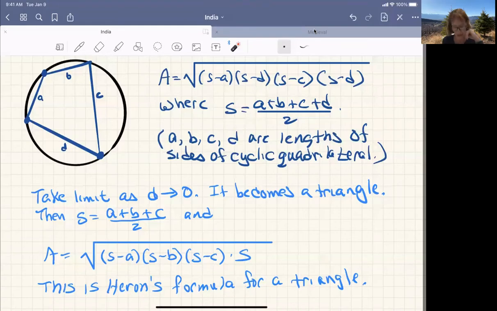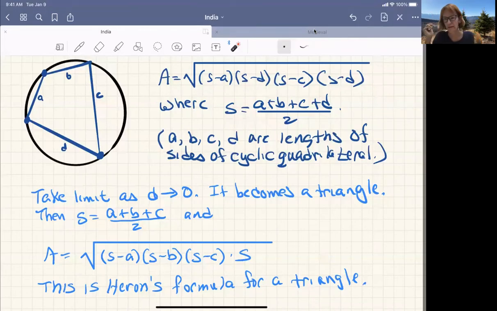So then what's the semi-perimeter? It'll be A plus B plus C over 2. And then the area is going to be the square root of S minus A times S minus B times S minus C times S minus D, but D is 0. Well, this just gives you Heron's formula for the area of a triangle.